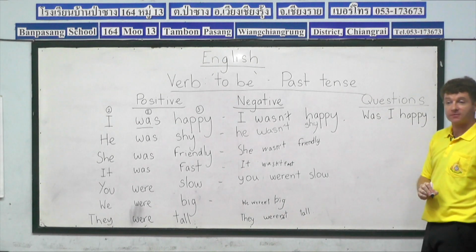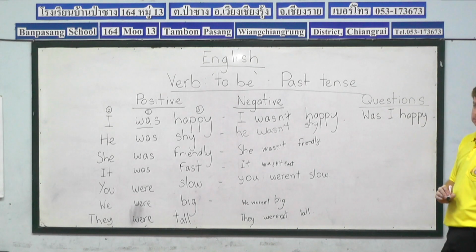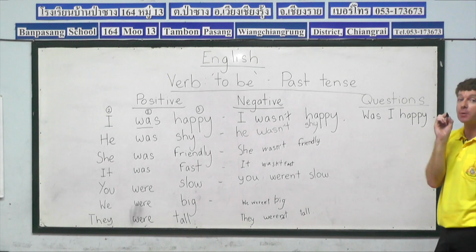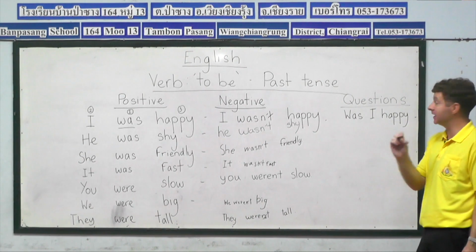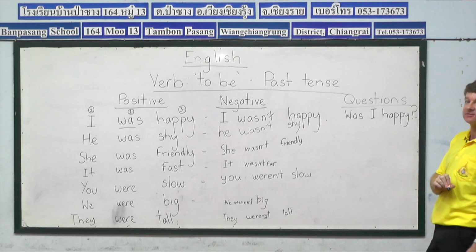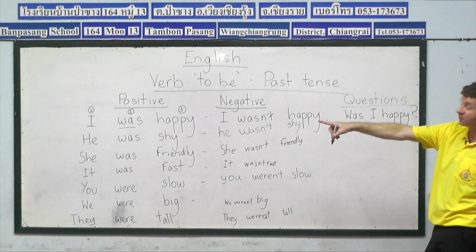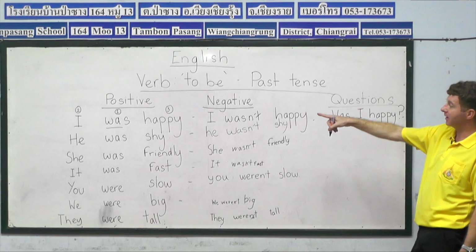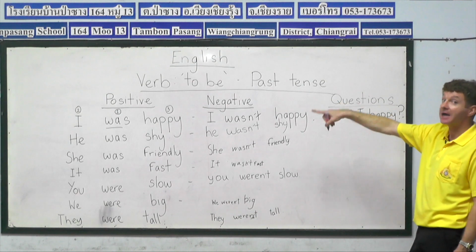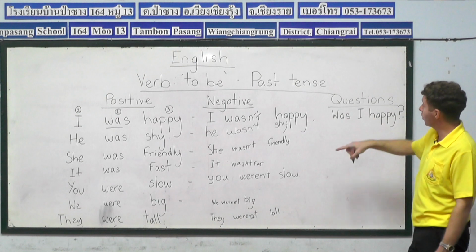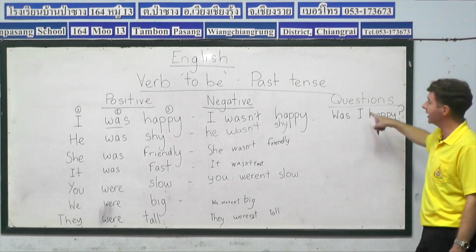Is that correct? No. What's missing? Question mark. Excellent. Whenever we write a question in English, we always need a question mark. So positive, I was happy. Negative, I wasn't happy. And the question, was I happy?